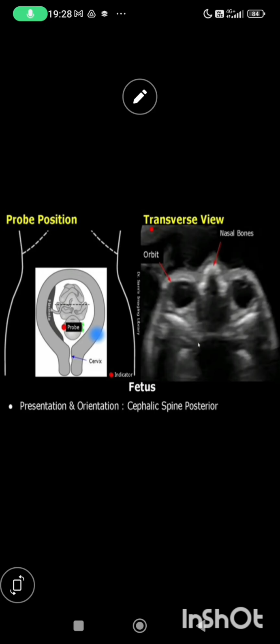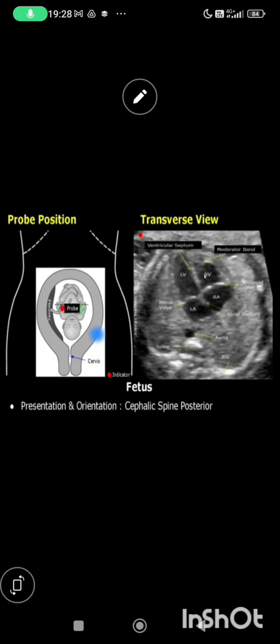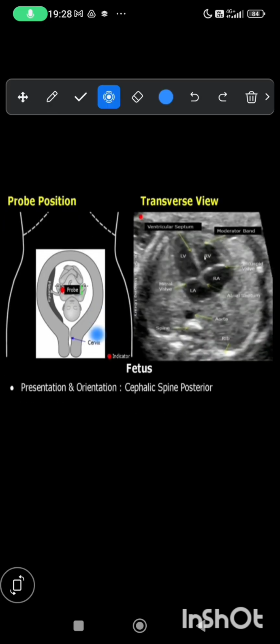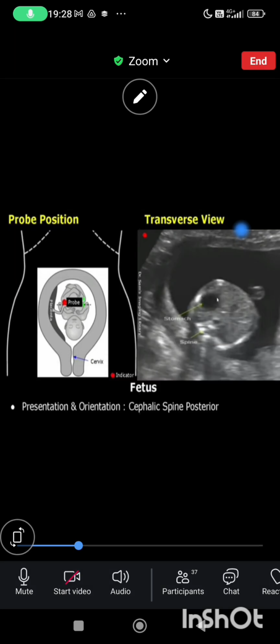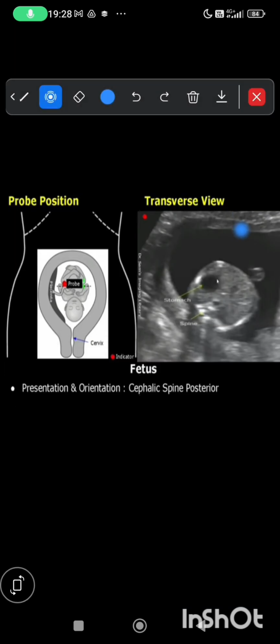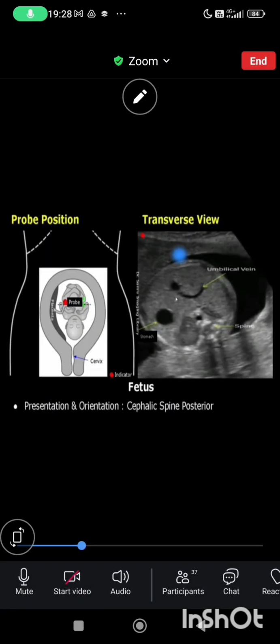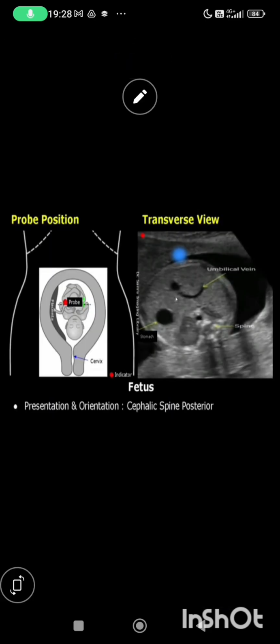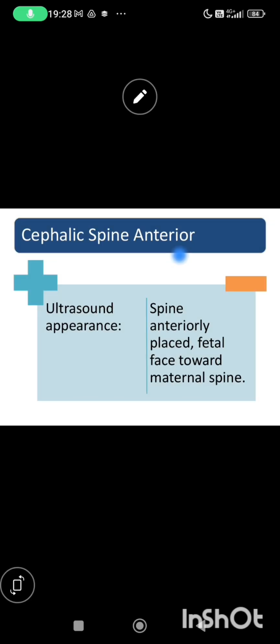Here we can see the face view. Here we can see the chest cross section, transverse section. How do we place our probe? It is transverse, then we get this type of cross section. Also for the abdomen, we place our probe transverse. Here we can see another level image of the fetal abdomen.